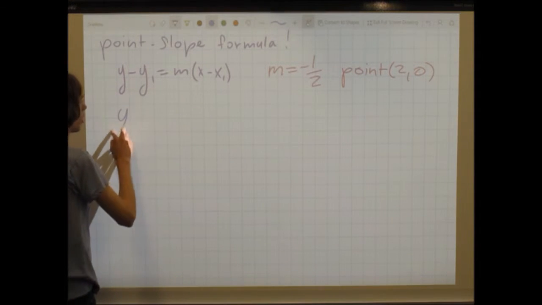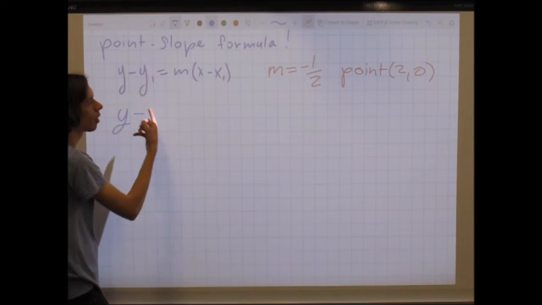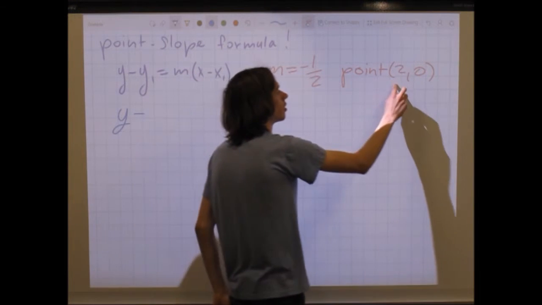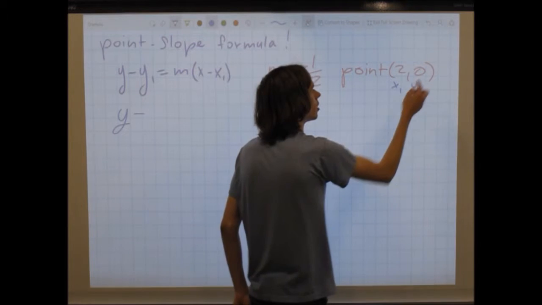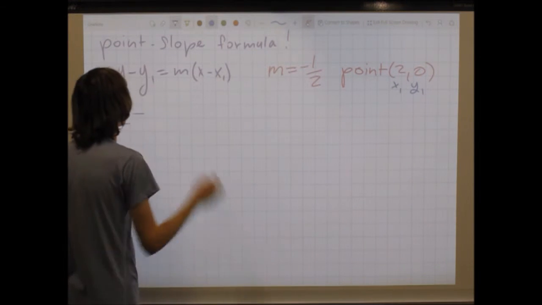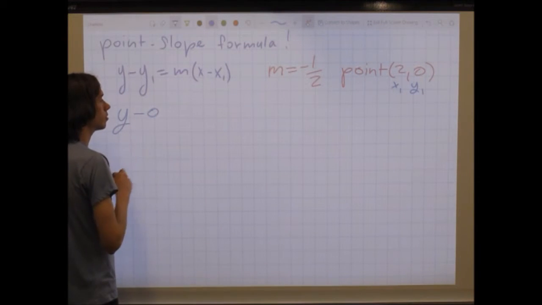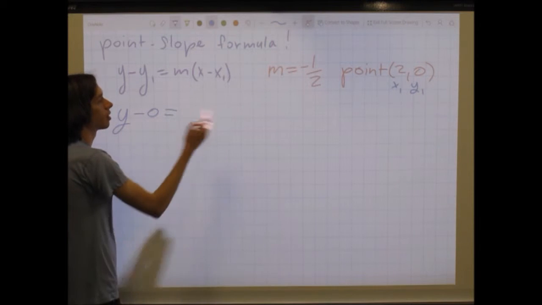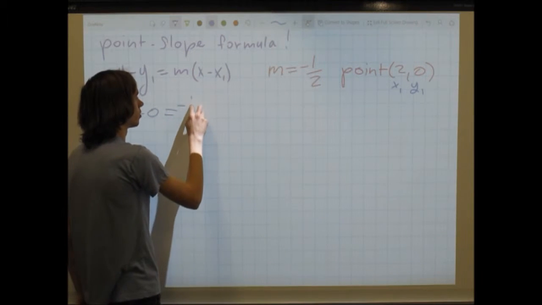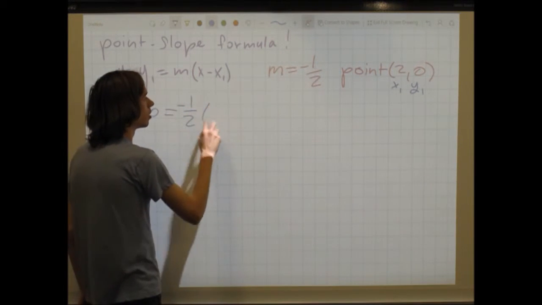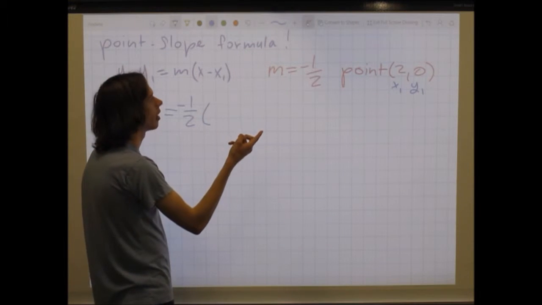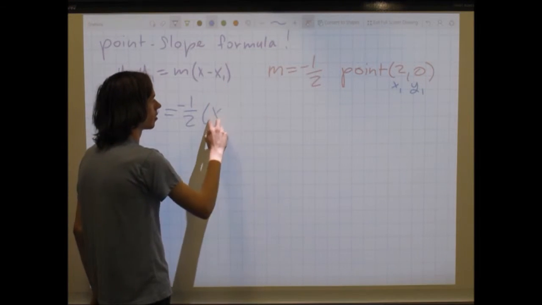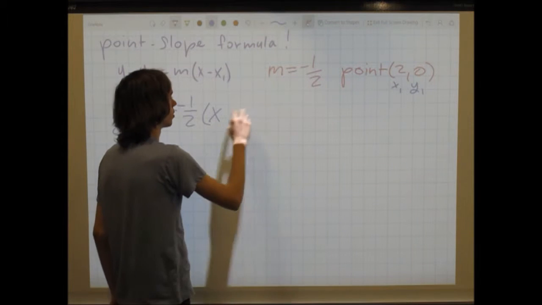Start with y, and then minus y1. This is x1, this is y1, and y1 is going to be 0. Equals m, which is negative 1/2, times x minus x1. So we put an x here, and x1 is 2.